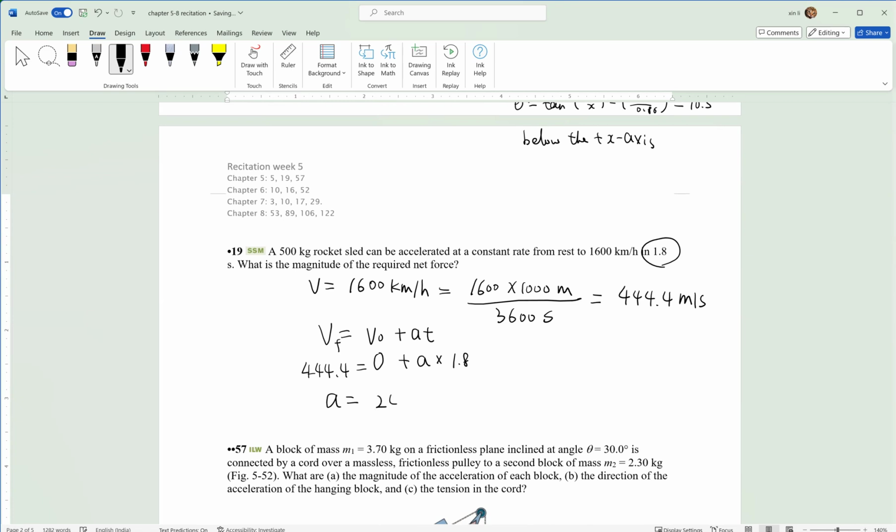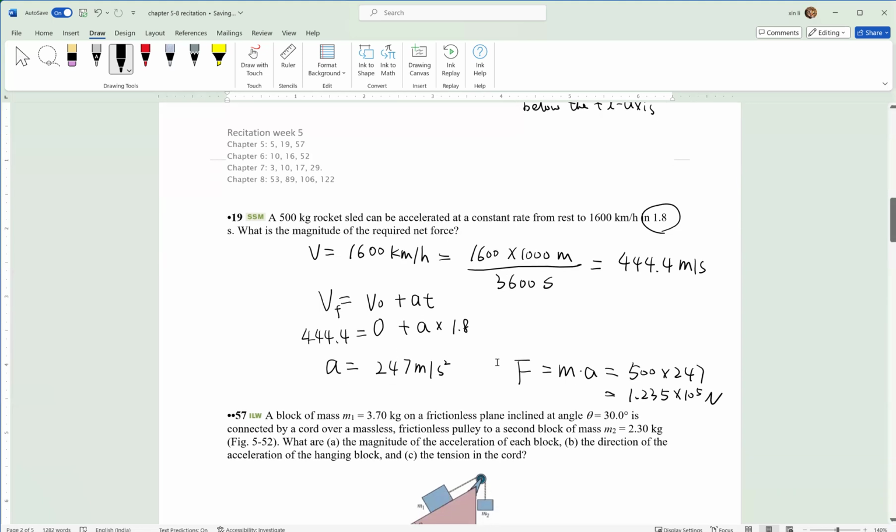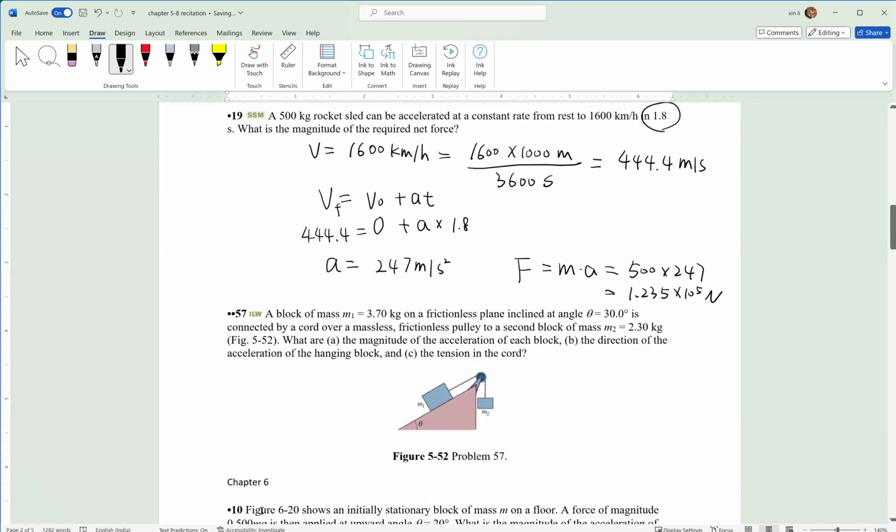So I'm going to get 247 meters per second square. And then after that, you can get your force equals to mass times acceleration, and it's 500 times 247, and you are going to get 1.235 times 10 to the power 5 Newton. Okay, so this is our force and acceleration.